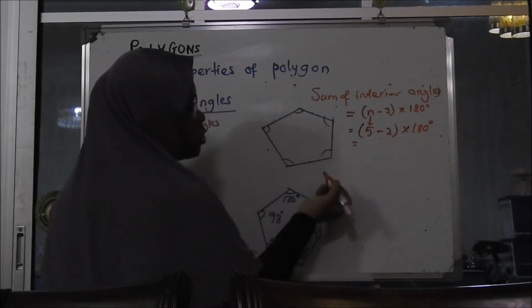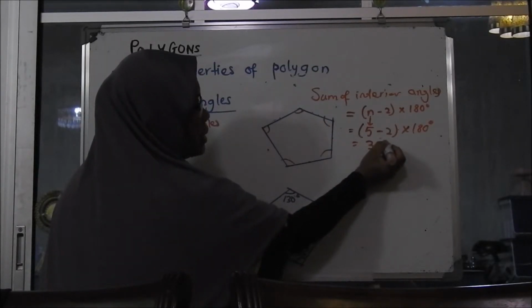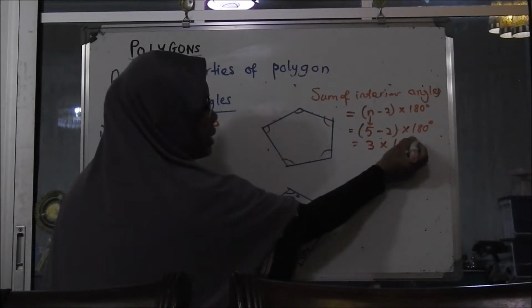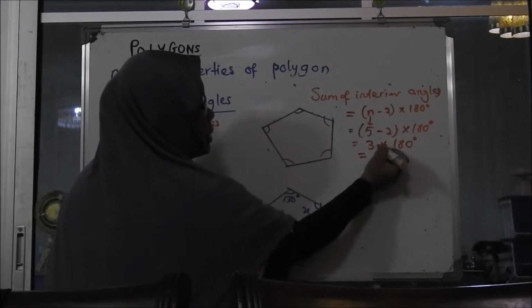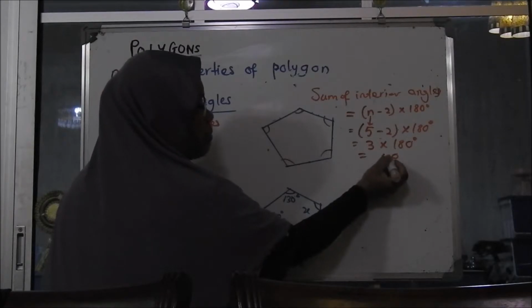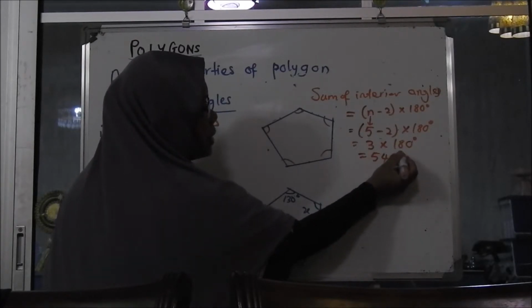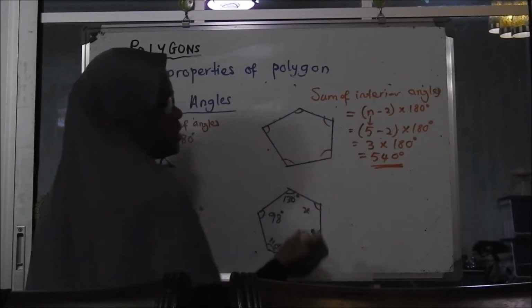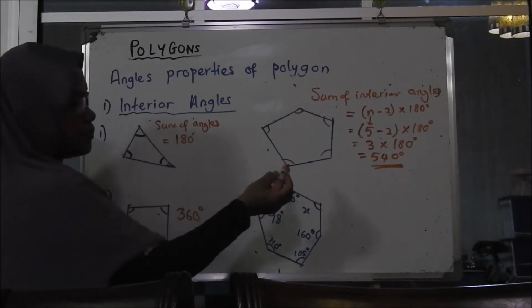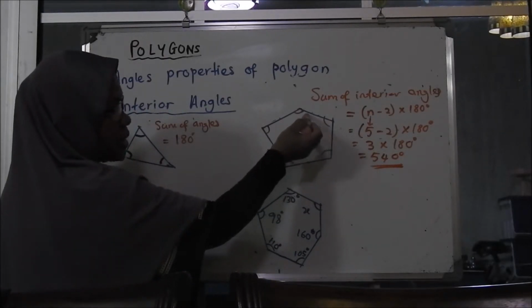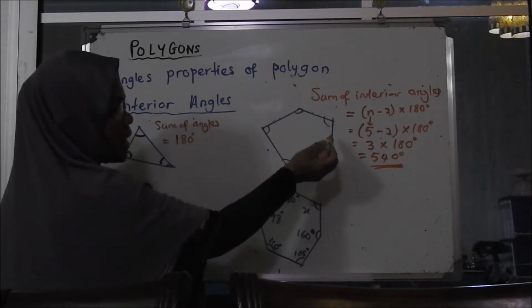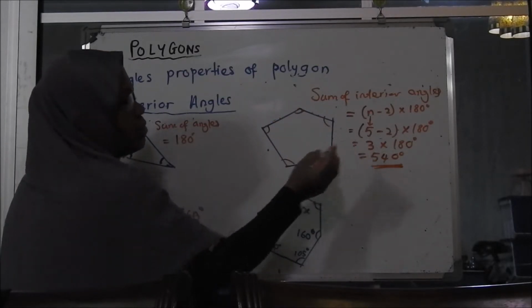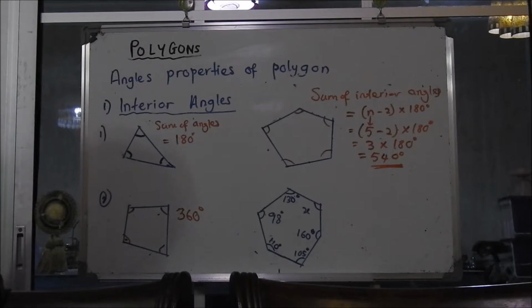So 5 minus 2, you have 3. 3 times 180. You have 3 times 8, 24, carry 2, 540 degrees. So the total or the sum of angle of five-sided polygon equal to 540.